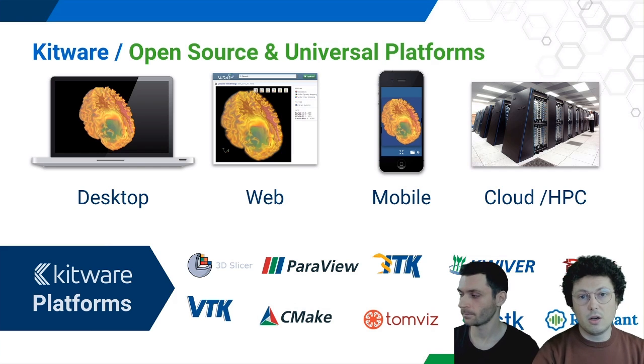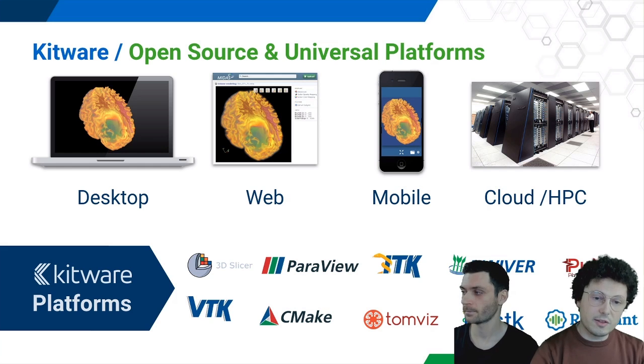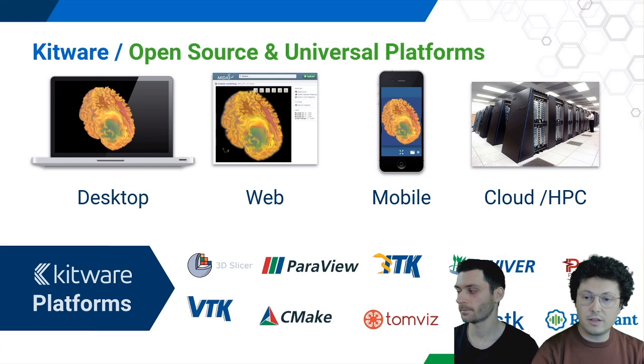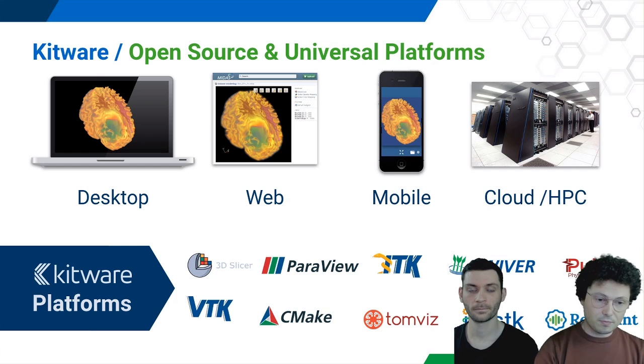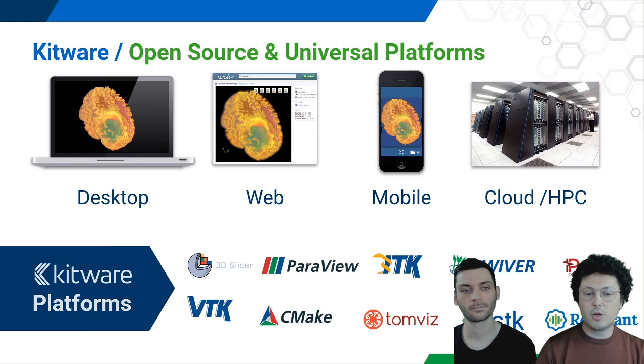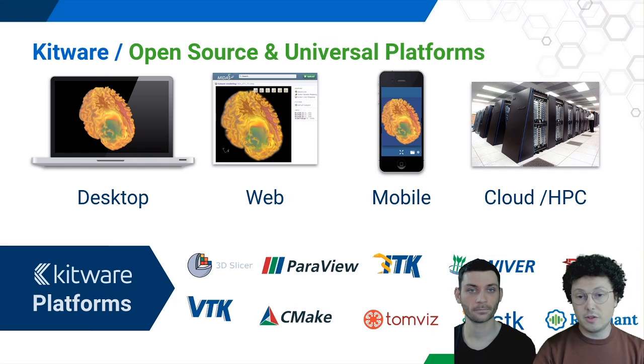So they are available on desktop, on web, on mobile, and on HPC. ParaView is a good example of an HPC application. Among the applications that we develop, we have ParaView, that we will talk about today, but also 3D Slicer, VTK, and CMake, that can be interesting for developers among you, to name a few.